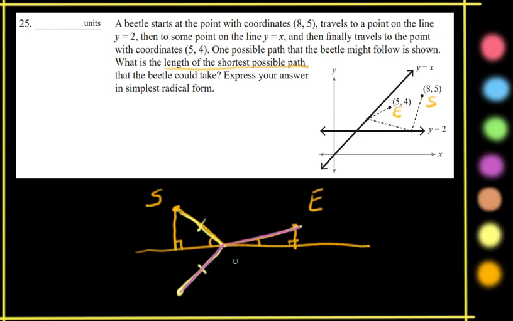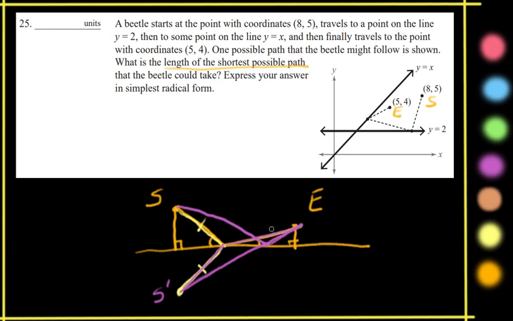And what you'll notice is that you can obviously see that this is not the optimal path between, I'm going to call this S prime, my reflected S, and E. The best path from S prime to E is just going to be a straight line. It's just going to go straight across like this, and that will give you a reflected path that looks like this.